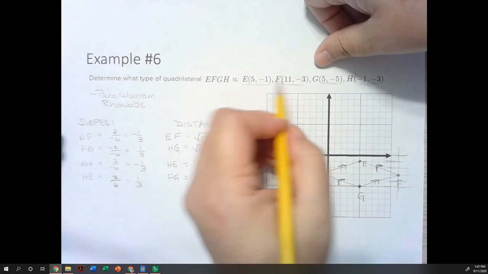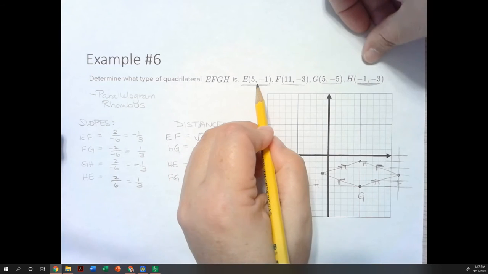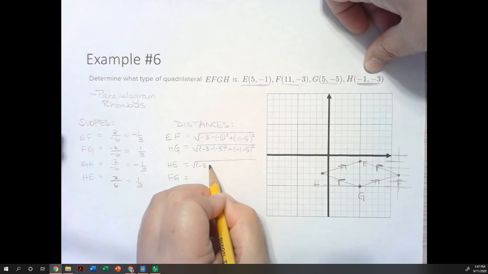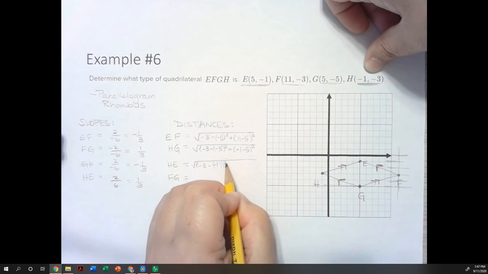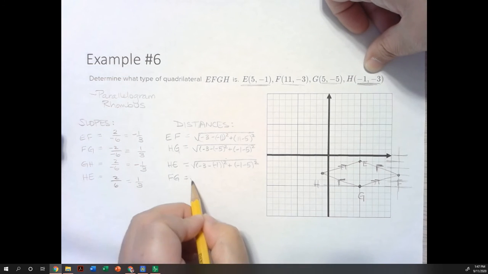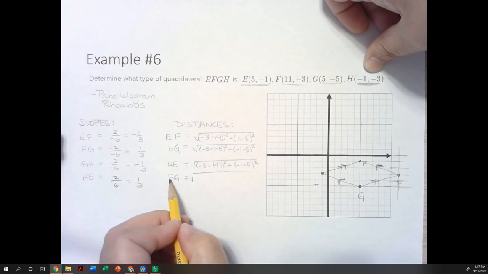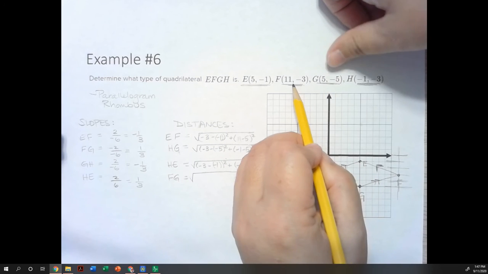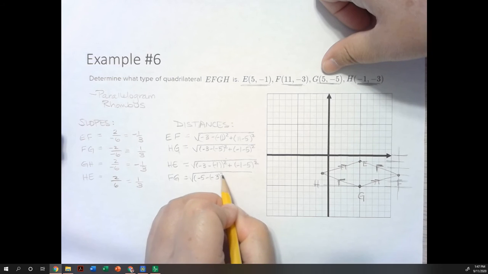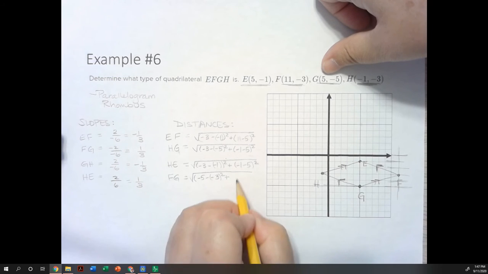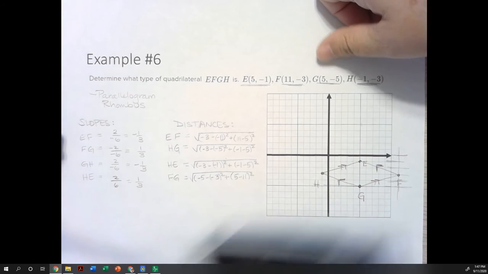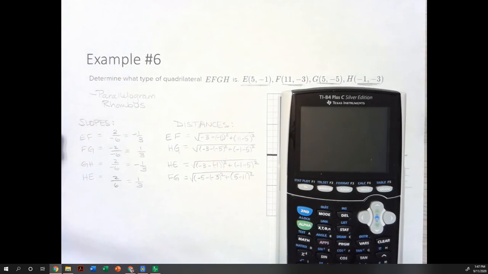All right, now I want to do H to E. So the square root of -3 minus -1 squared plus -1 minus 5 squared. Square root. Now I want to do F and G, so the middle ones. So -5 minus -3 squared plus 5 minus 11 squared. Okay, making sure you're matching up those x and y terms carefully.